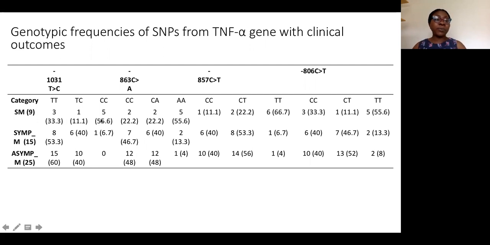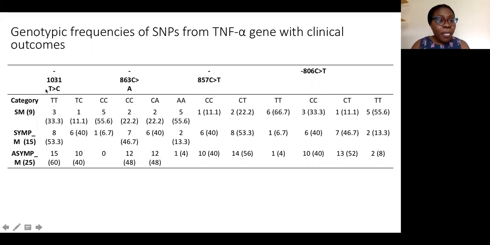For example, for the severe malaria group, we can see individuals with what we call homozygous mutants. I want to be a little bit basic here for our audience that might not be into molecular biology.